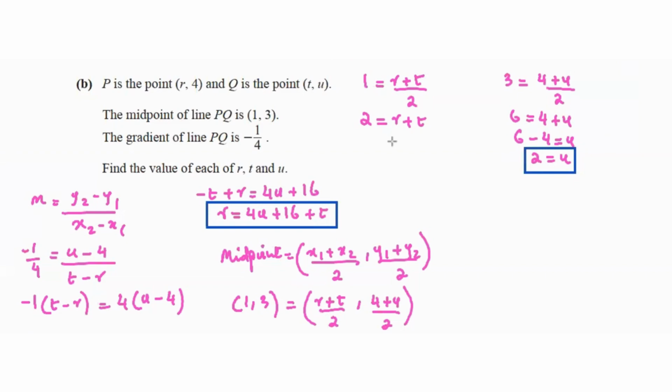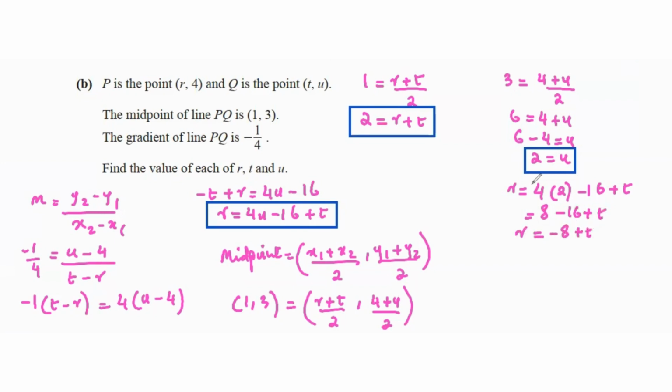So we already have the value of u, which is 2. Now we can substitute that in this equation and make this equation just in terms of r and t. That's going to be r equals 4 times 2 minus 16 plus t, which is 8 minus 16 plus t, and that is negative 8 plus t. That is r.